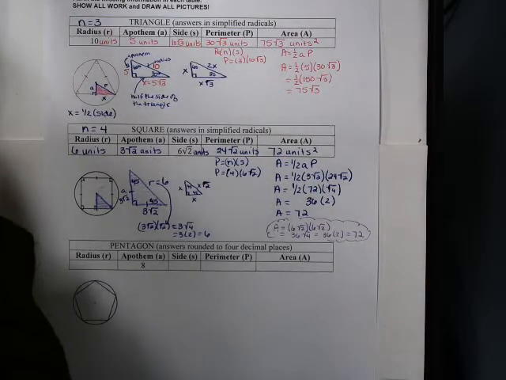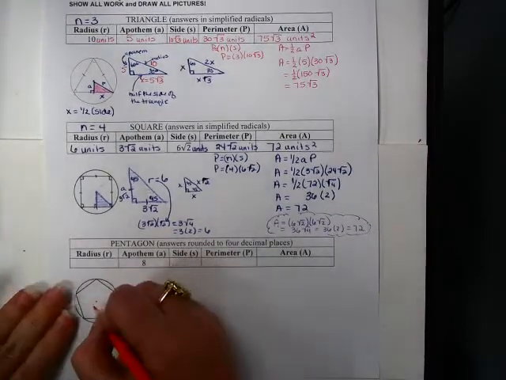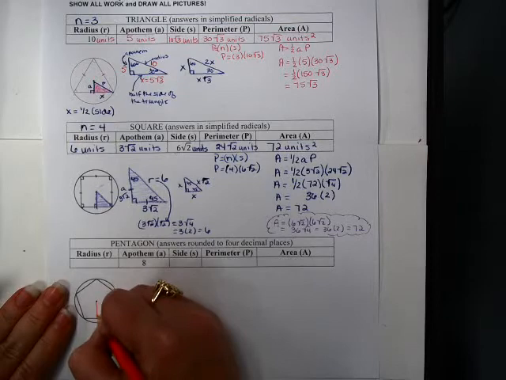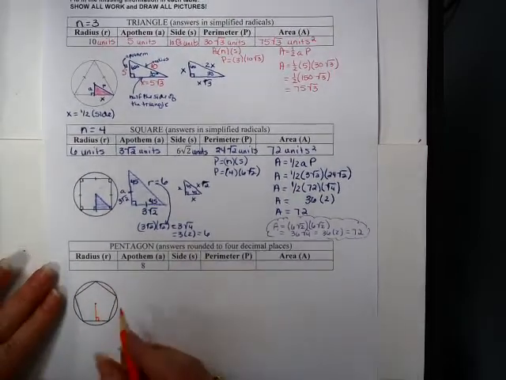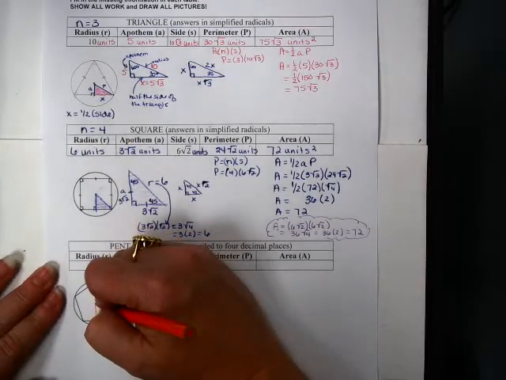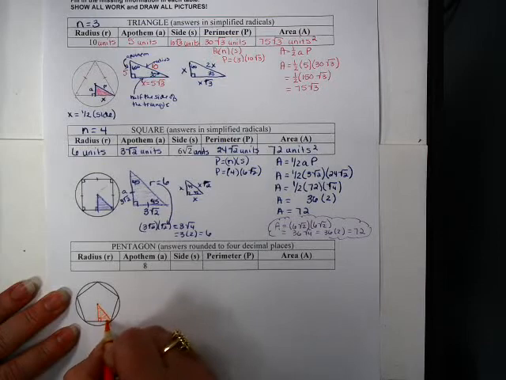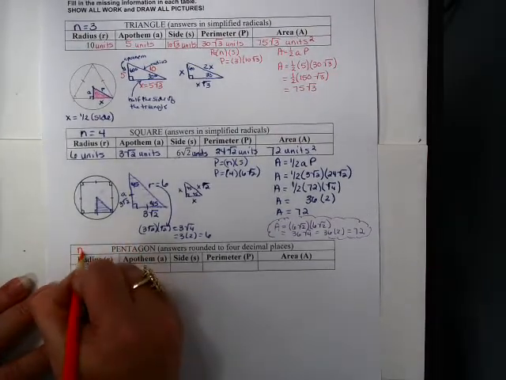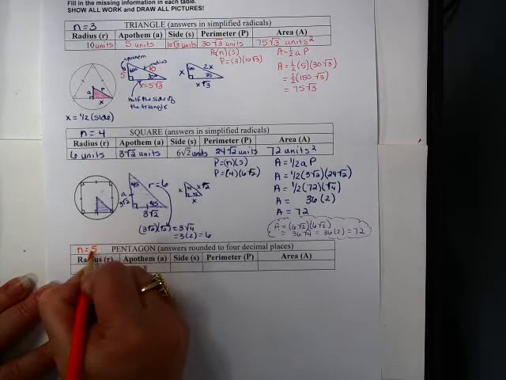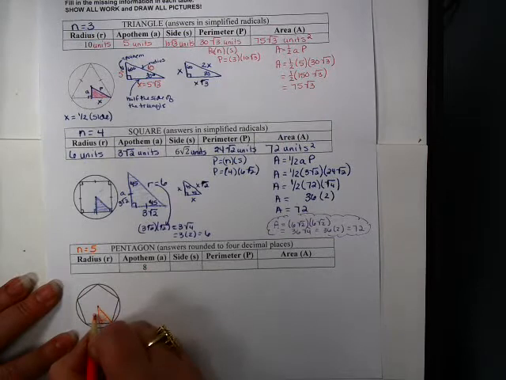I'm going to draw my apothem. Okay, here's my apothem and my radius. Okay, here's my orange triangle. Okay, so here, pentagon, that means my n is equal to 5. I know this is the apothem and this is the radius.